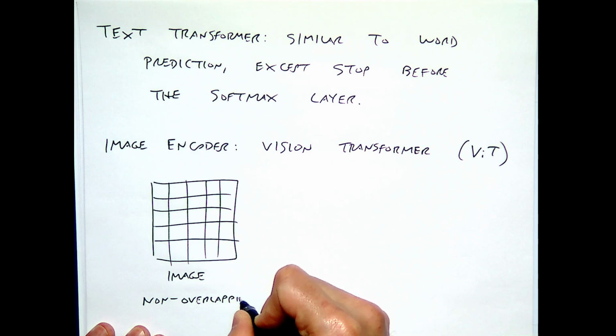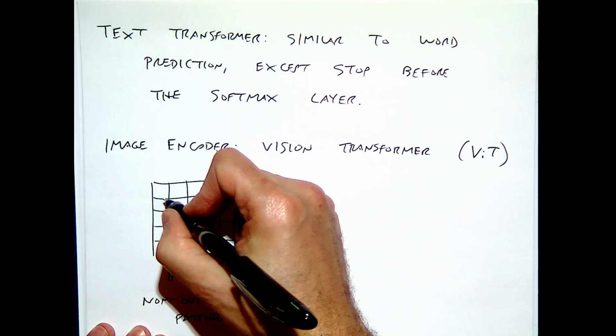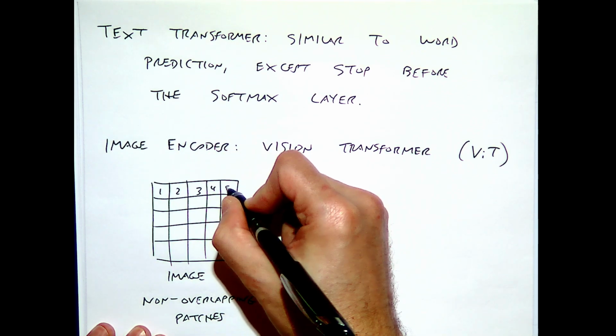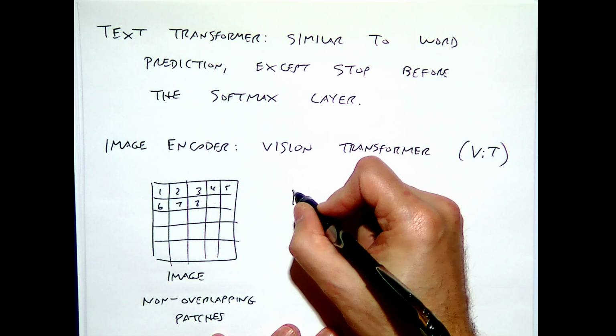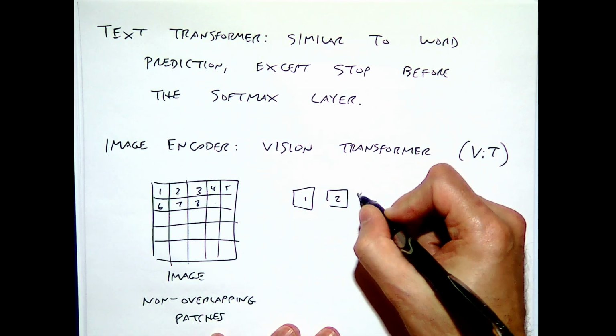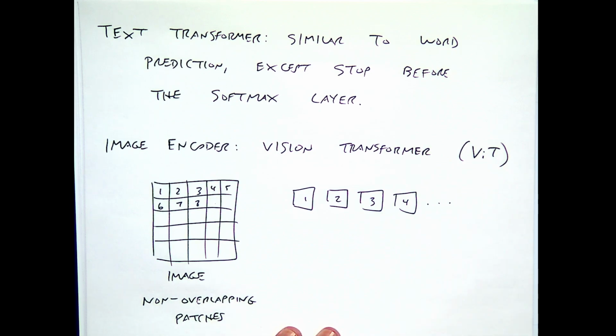And of course, there are architectural choices to think about, like how big these patches should be and so on. I number the patches, and then I can think about taking these patches and sorting them into a vector. And now that I've got this sequence of objects, this becomes more or less like a sequence of tokens just like anything else.